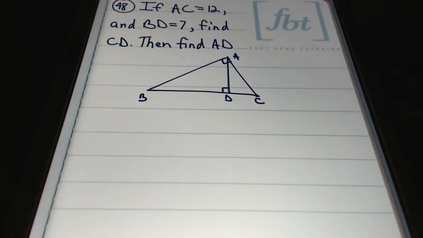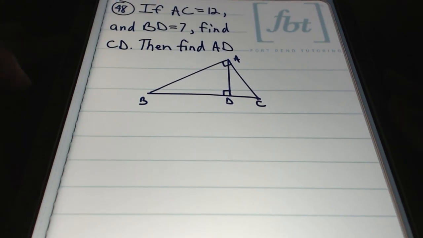Finally, guys, we have our last problem of the final exam review for geometry, and it is problem number 48. With problem number 48, guys, I'm pretty happy about this because I'm going to show you a method I've never shown anybody on the YouTube channel before, and it is my Goldilocks method for solving problems like this.